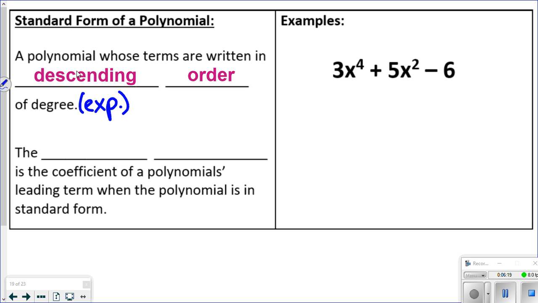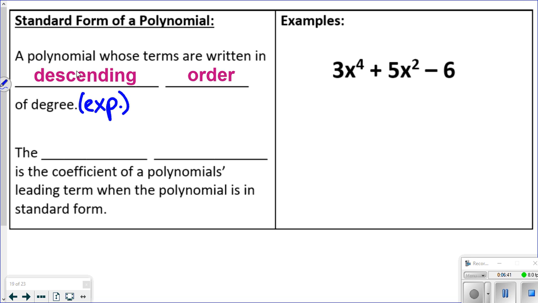Descending order of the exponents. So if we're looking at the example, this currently is in standard form because 4 is my biggest exponent or degree, and then 2, and then my constant term.